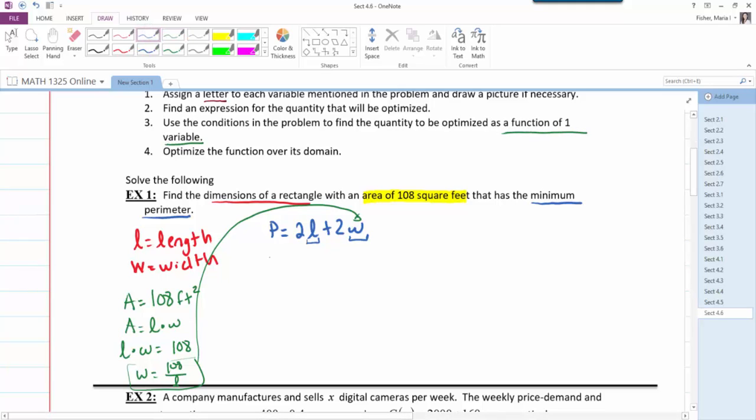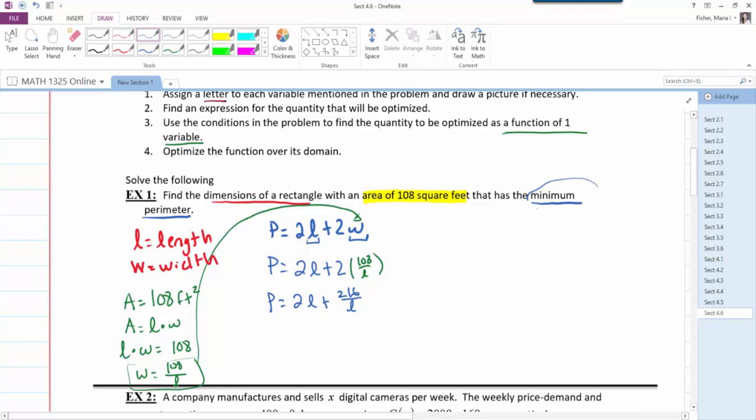So P is going to equal 2L plus 2 times 108 over L. What I'm going to need to do is distribute. So P here is going to equal 2L plus 2 times 108, which is 216 over L.